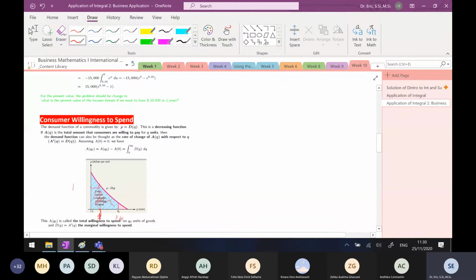If you have 10 units, you have 0.9 million, and etc. So the accumulation of this, the area of this, dollar per unit times unit, dollar, is what we usually call the total consumer willingness. So total amount that consumer are willing to spend. Ya, kira-kira seperti itu ya.